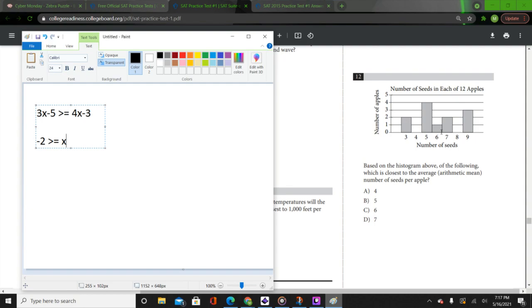But, oh, never mind. It's a histogram. It's basically the number of seeds on each apple. So which is closest to the mean?